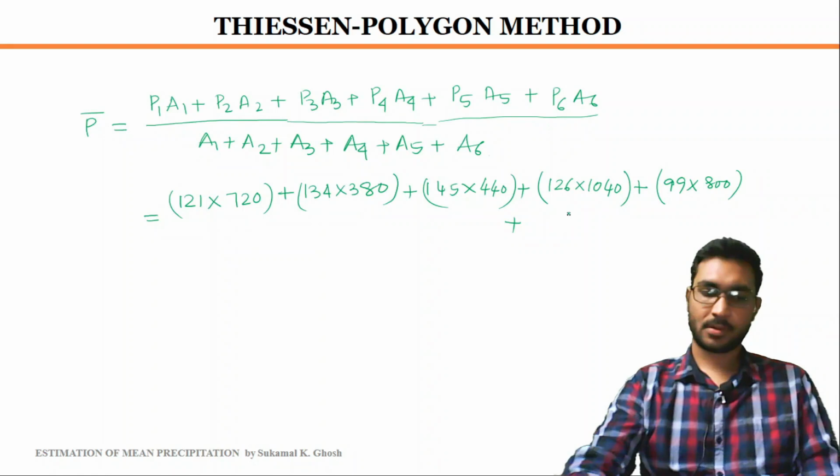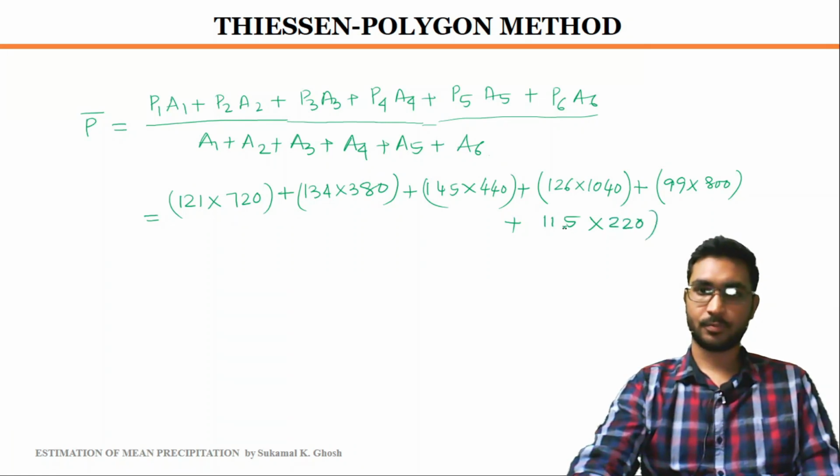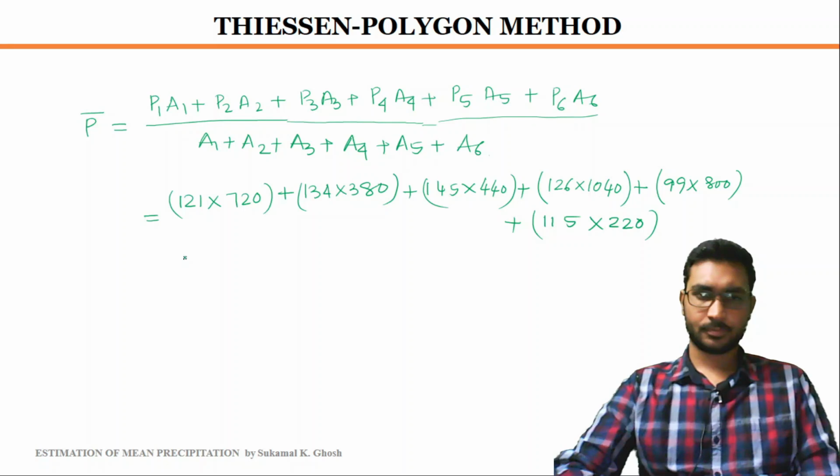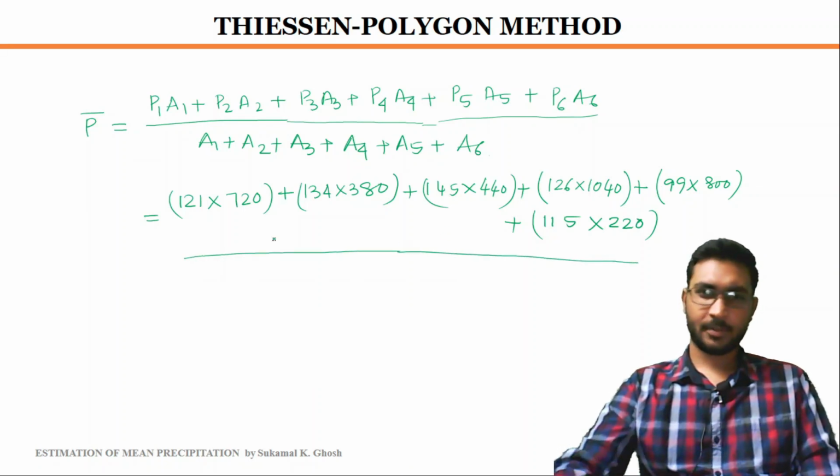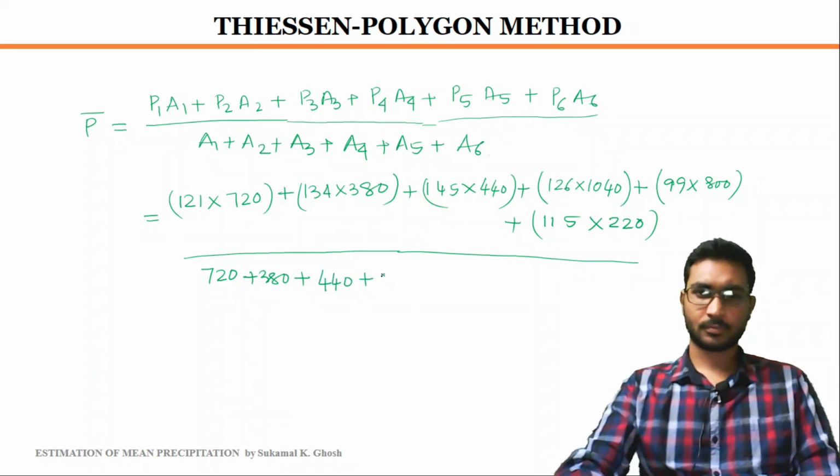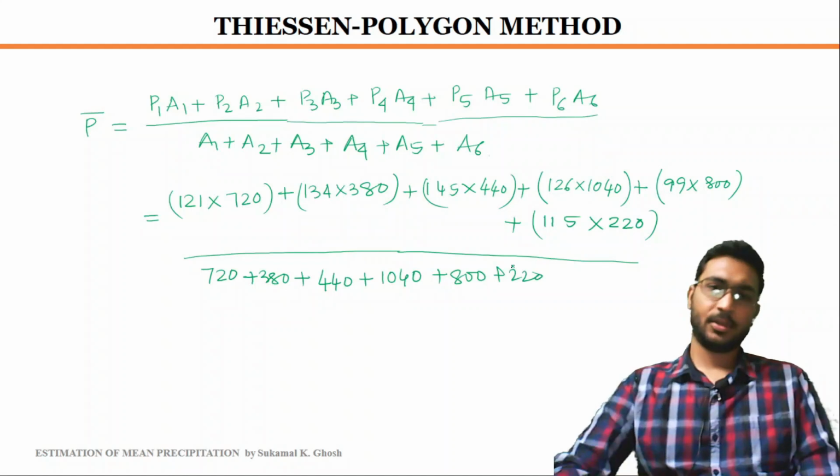Plus our P6 is 115 and our A6 is 220. Divided by 720 plus 380, and so on.